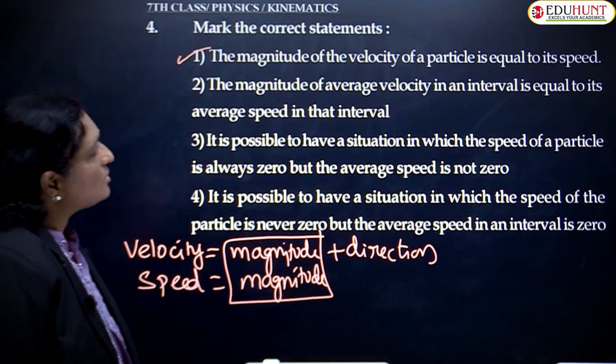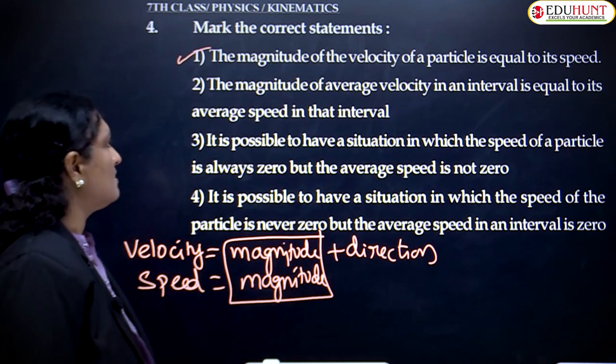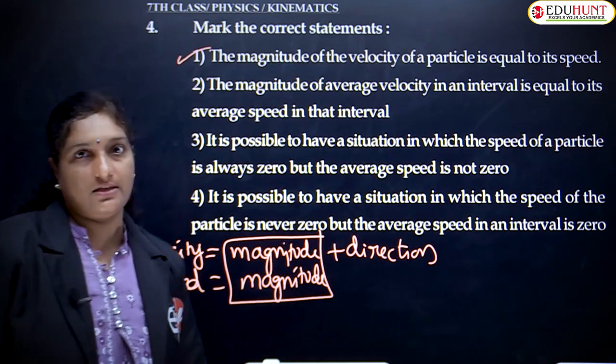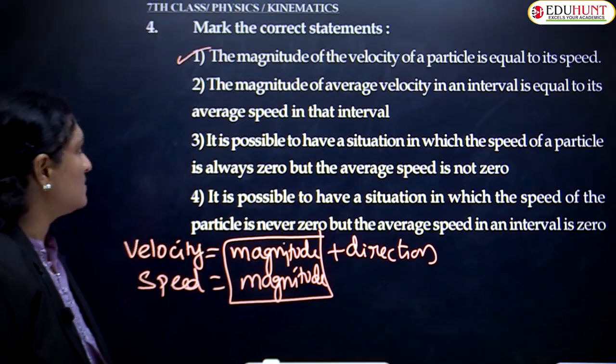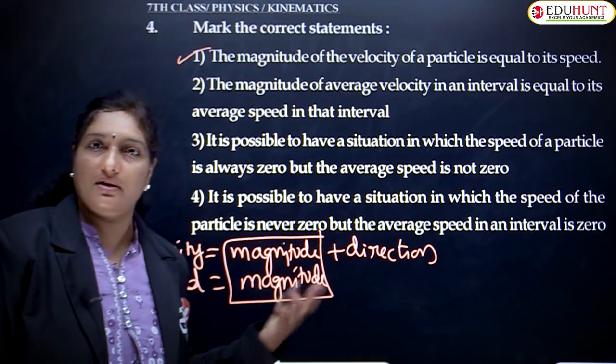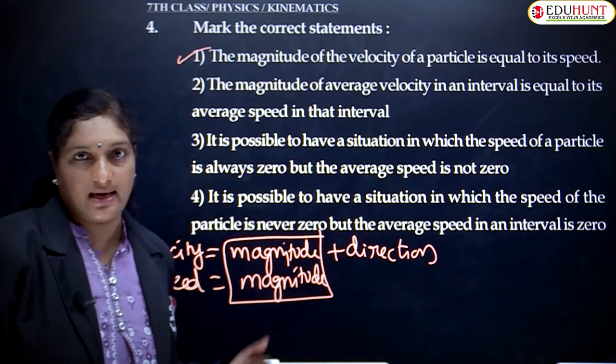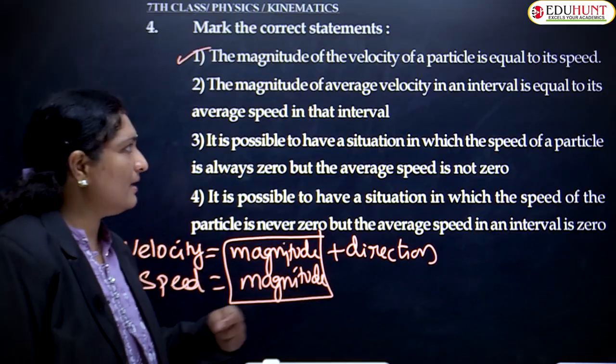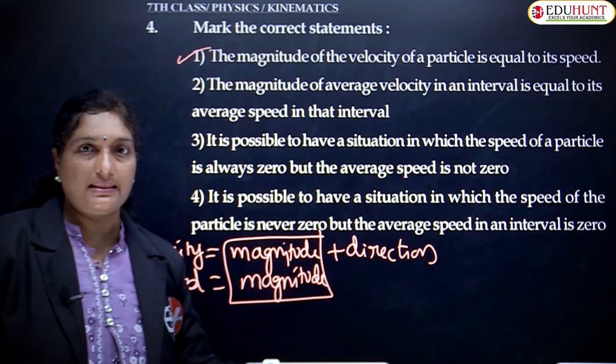Moving ahead, the magnitude of average velocity in an interval is equal to average speed in that interval. No children, how is it possible? The magnitude of velocity, it may be moving forward or backward, any particular direction it can move. But for speed, you have to consider the total path length.